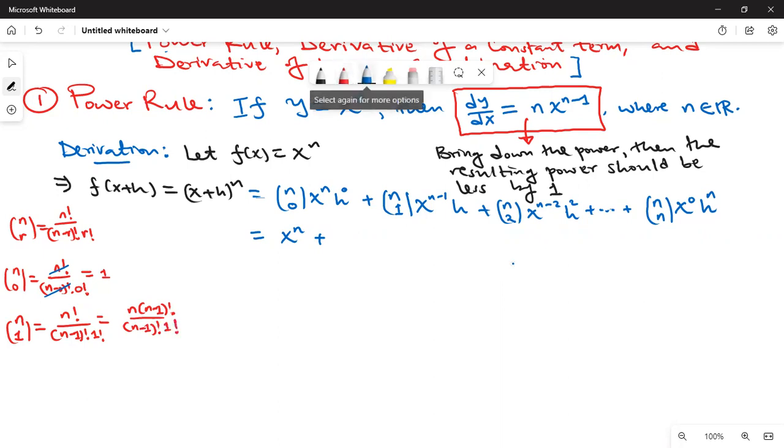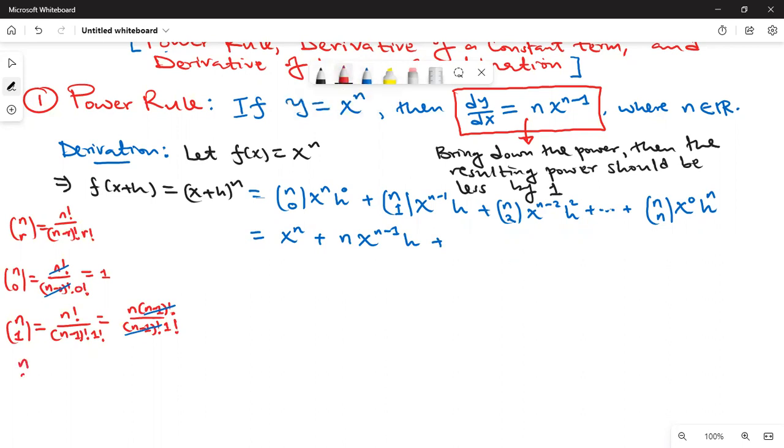And you see, n minus 1 factorial will cancel with this. So we have n over 1 factorial, which is n. So the answer here is n times x raised to n minus 1 times h. Then plus, let's see, what is n combination 2?